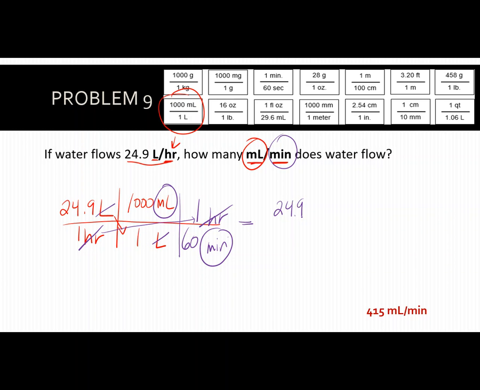So 24.9 times 1,000 times 1 over 1 times 1 times 60. Really, you don't have to put the ones in there, but you calculate this, you get exactly 415, which works out nicely because here we have 3 significant figures. So that's why we have 3 significant figures in our answer.